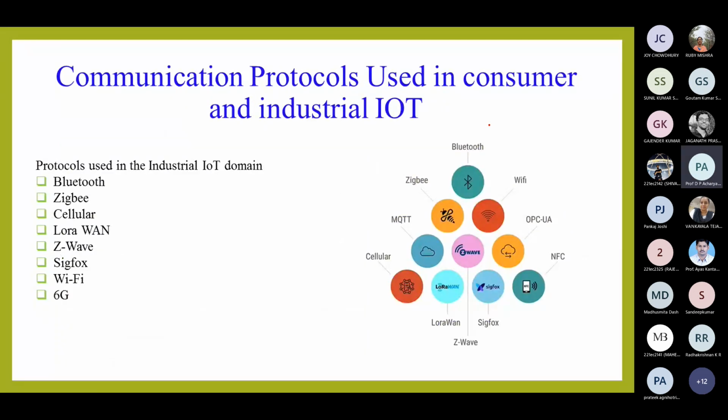Let's see what is actually in the industrial IoT domain. Industrial IoT is nothing but, if we think of industry like the energy industry, say some power grid, or some solar industry, or some power plant, or steel plant, or some other plant like a nuclear plant, or some chemical plant.